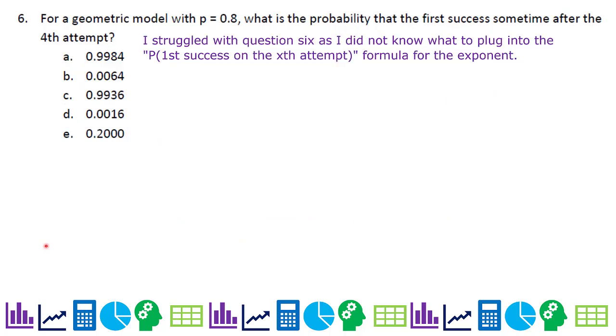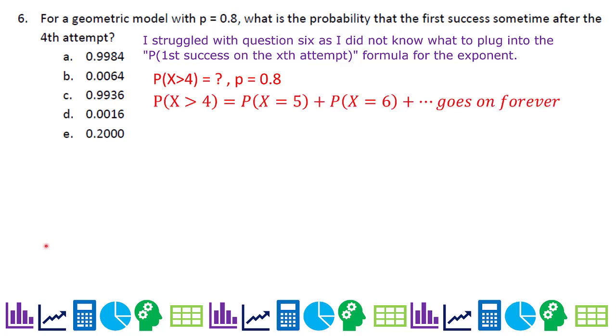Number 6, for a geometric model with p equals 0.8, what is the probability the first success occurs sometime after the fourth attempt? So we have the probability that x is greater than 4. We'd have to do this forever: x is 5, x is 6, etc. Or I could do the complement, which would be 1 minus the probability x is less than or equal to 4.